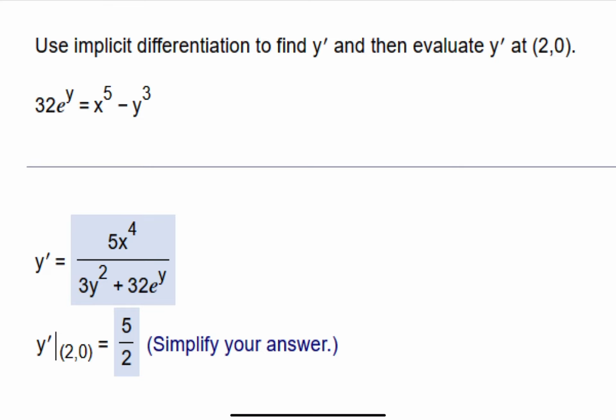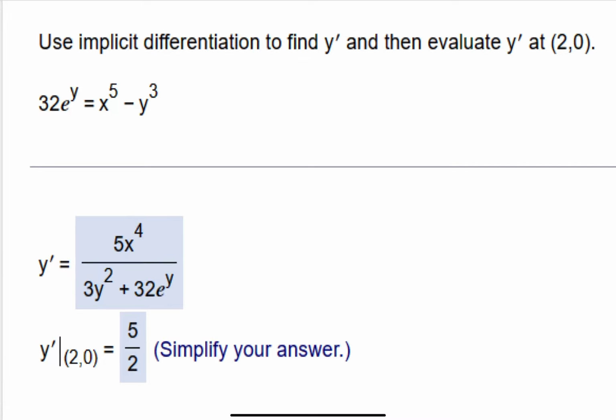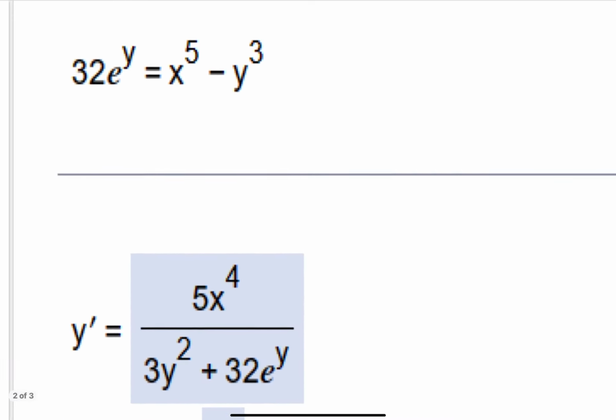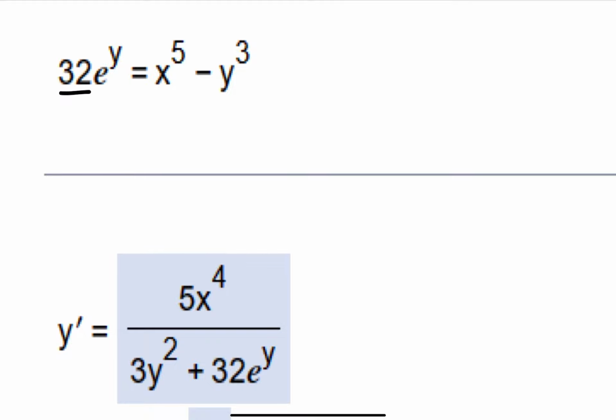All right, it's the same thing. I'm differentiating and evaluating. So let me do this right here. Derivative of 32 e to the y is 32 e to the y. Remember, I'm differentiating with respect to x, so y prime will always be there.